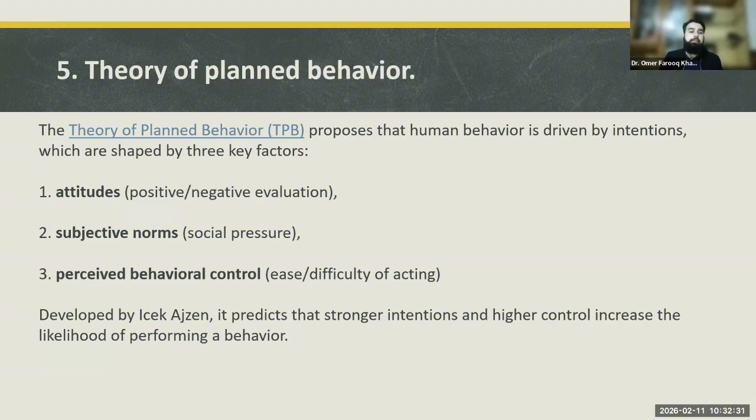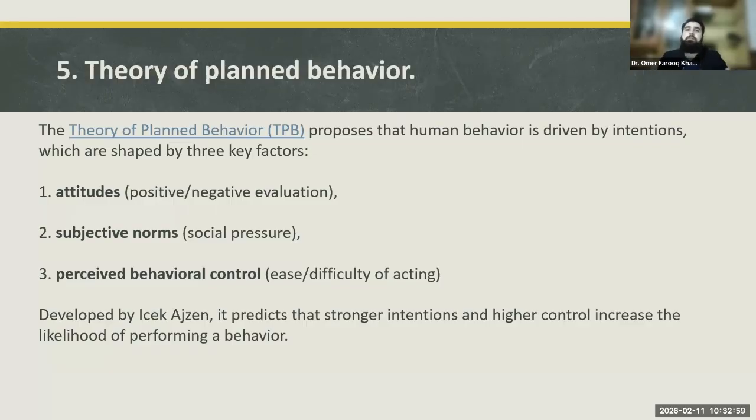It was developed by Icek Ajzen. It predicts that stronger intentions and higher control increase the likelihood of performing a behavior. So, if you give people stronger intentions about something's positivity or negativity, for example, positive intentions about the benefits of exercise, then people start doing exercise.